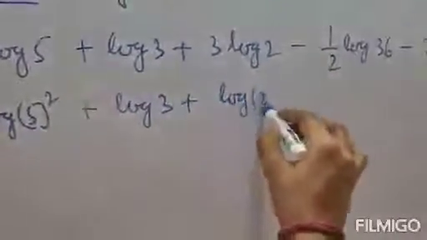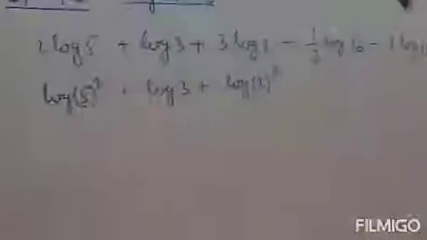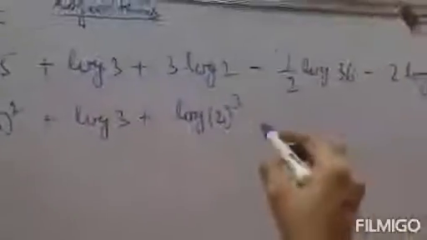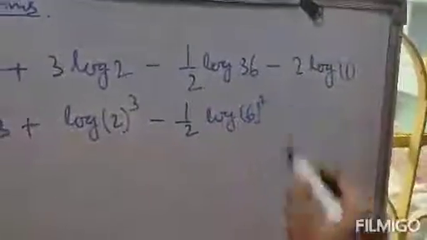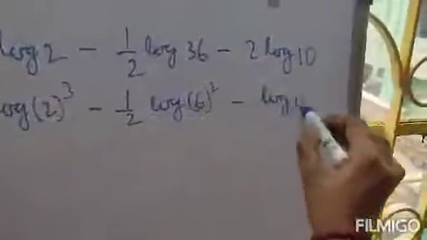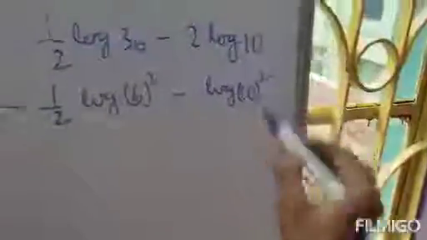Also here we can write log 2 to the power 3, power law. Clear? Minus 1 by 2 log 36, that means 6 square, it is 36. Minus, we can write log 10 to the power 2, also power law. Just shift this 2, there is log 10 to the power 2. Clear? Put it in a bracket.